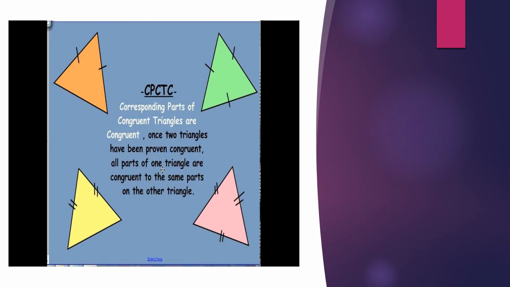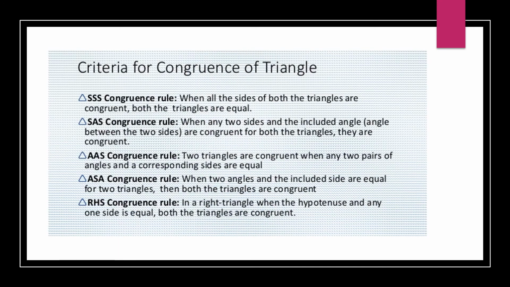Now our next topic is criteria for congruence of triangles. Two triangles are congruent when they are equal in all respects. In the previous slide we discussed that congruent triangles have exactly the same sides and exactly the same angles.